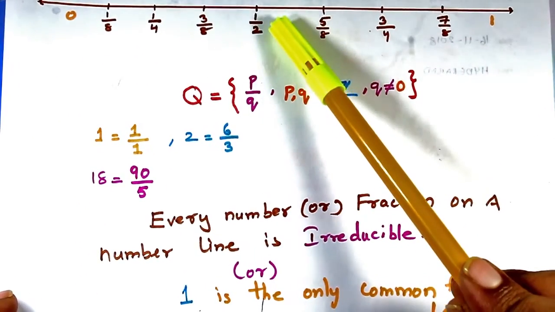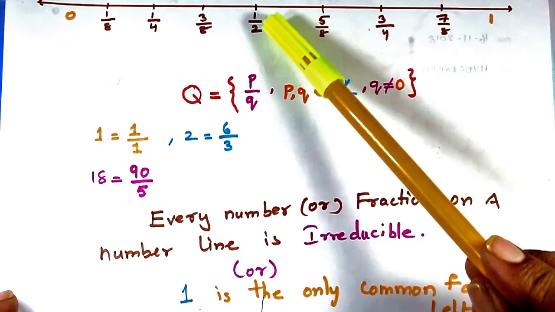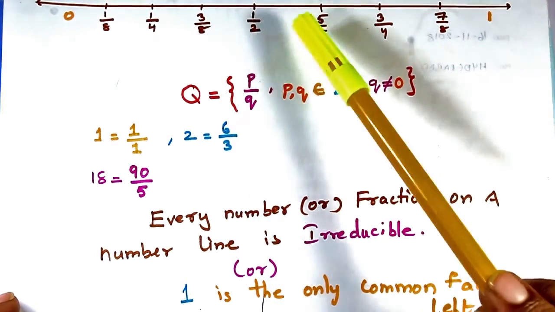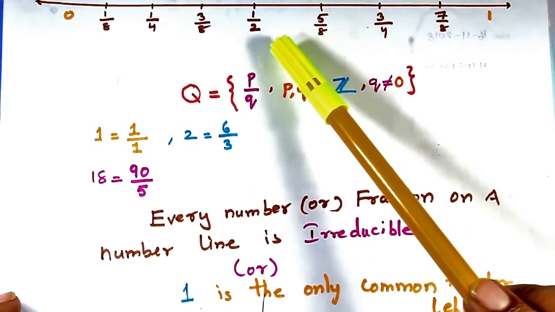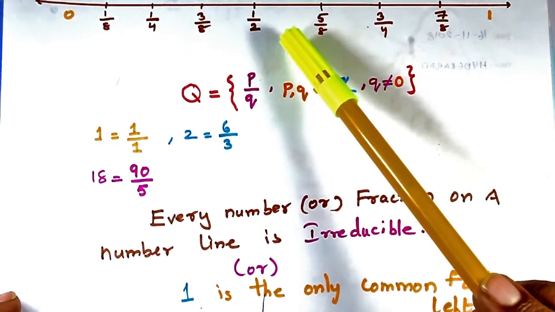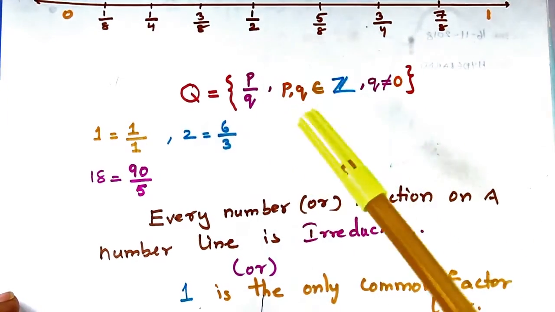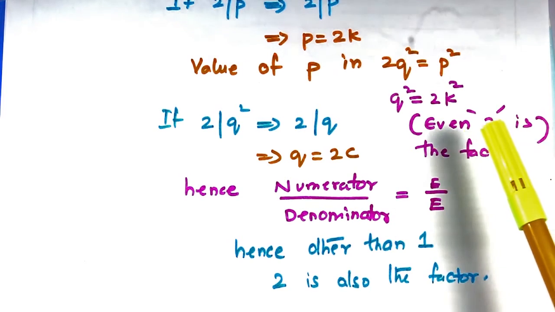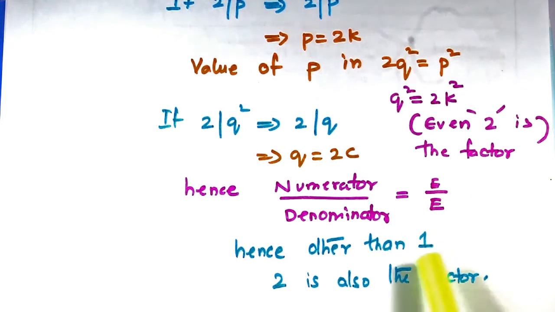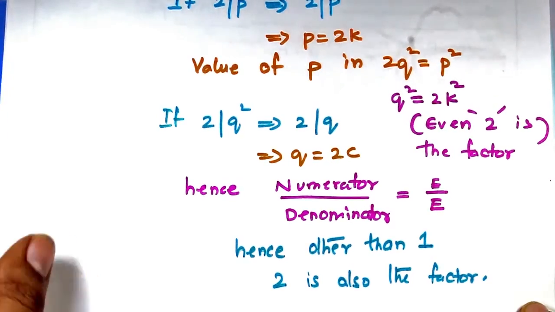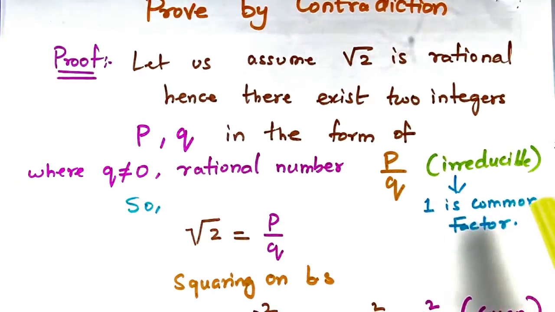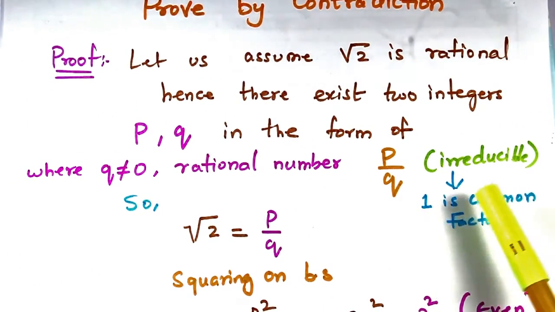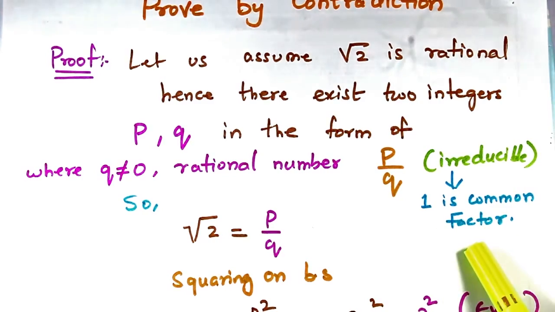As you can see, we cannot have even and even over here because we have already reduced them down. So that means they could not have any other common factor than 1, right? But we are getting something else here, that is 2, right? So hence, other than 1, we are getting 2 as a factor too. That is what we had taken previously, that p and q are irreducible and 1 is the common factor.